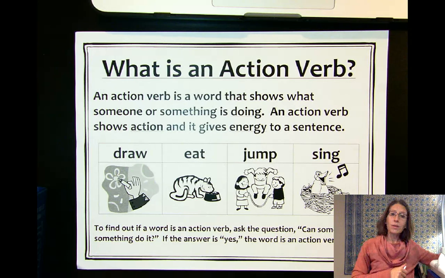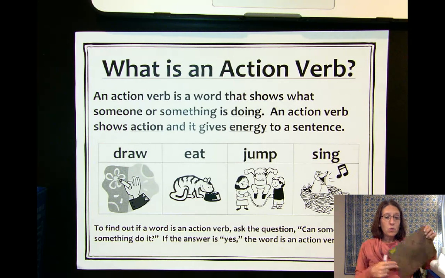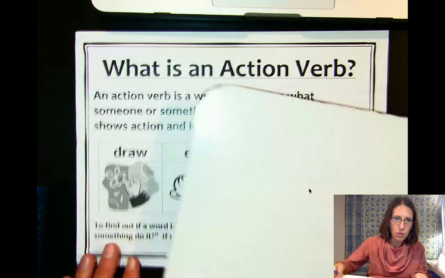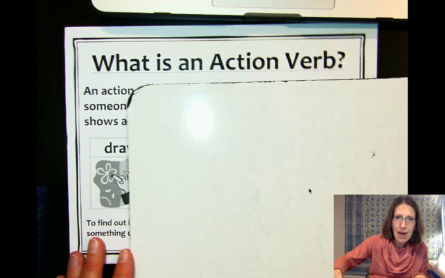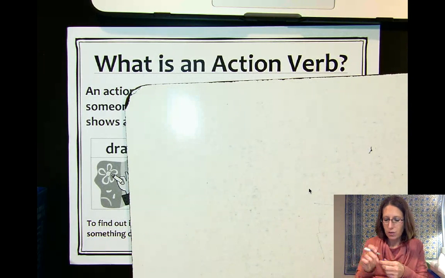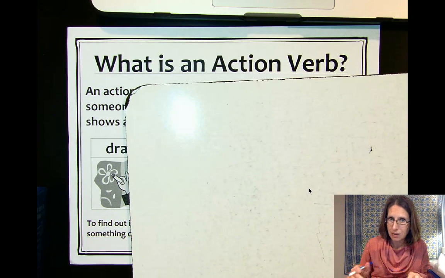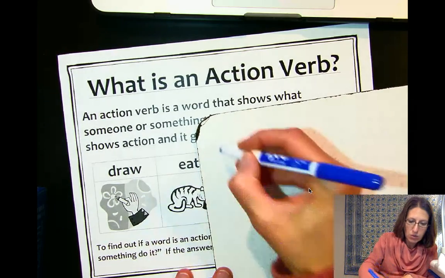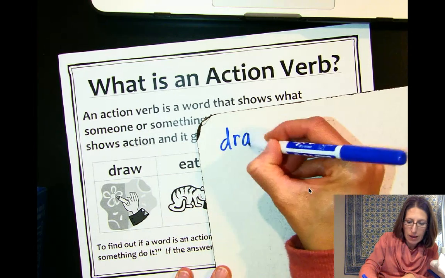You're going to fill out a little Google form, and I'm going to ask you a few questions about action verbs. But another thing that you might want to do is take out a whiteboard or a piece of paper and see how many action verbs you can list. I bet you can list quite a few. And if you're having trouble getting started, you can use some of these examples that I have on here.